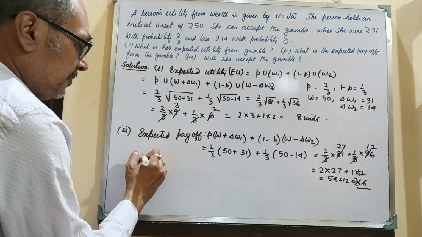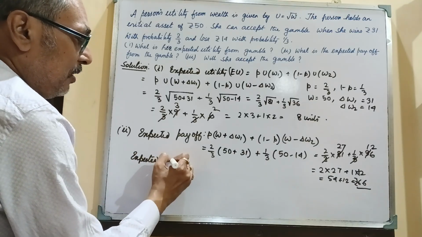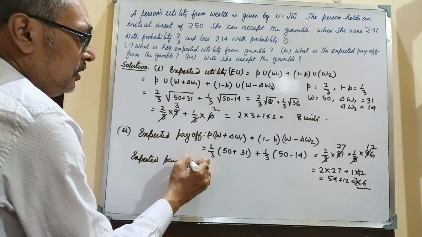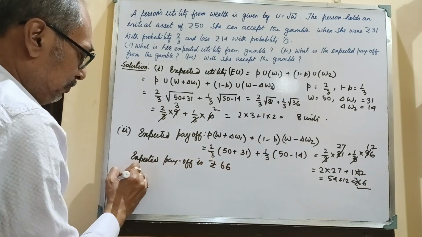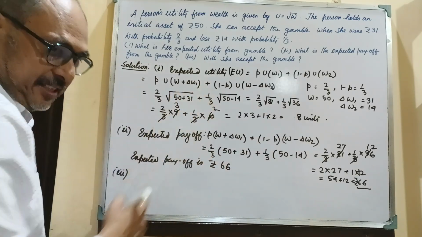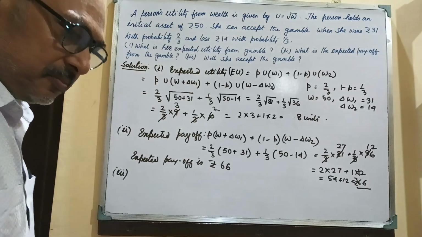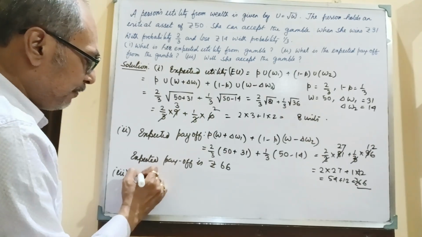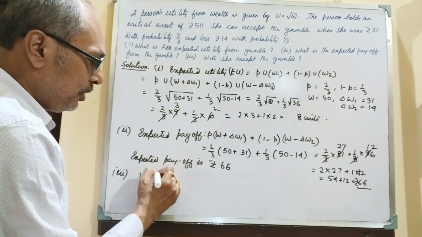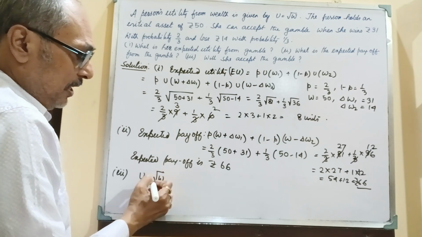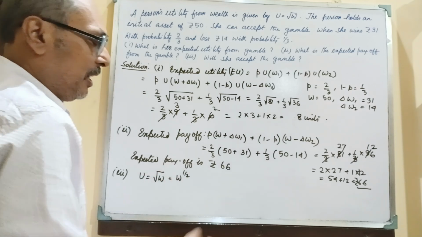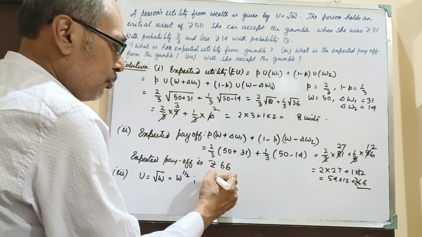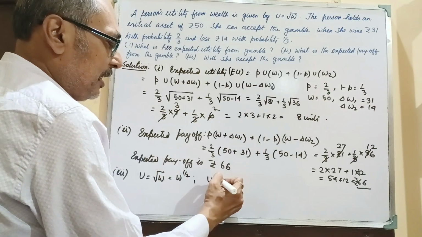The expected payoff is rupees 66. Now part 3. Will she accept the gamble? The utility function is given as u equals w to the power half, or under root w. Now what is u prime of w?